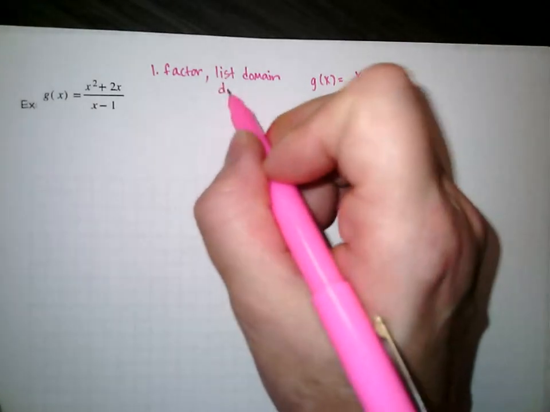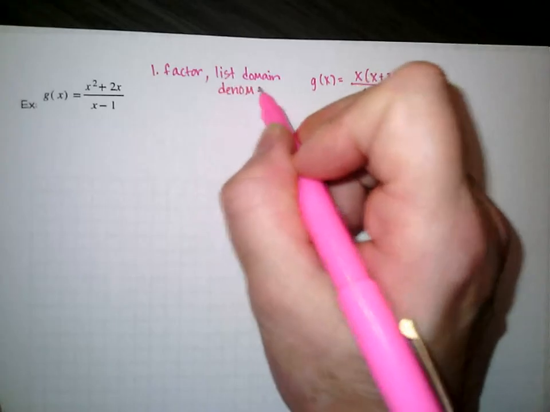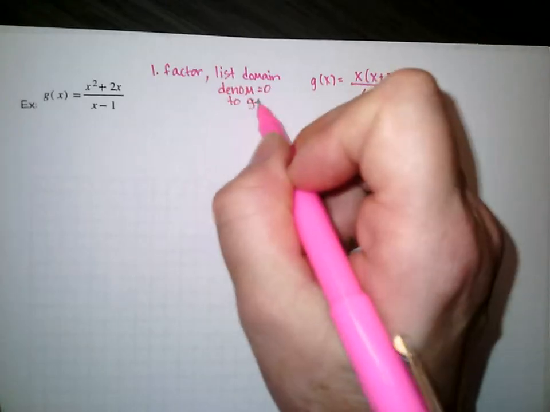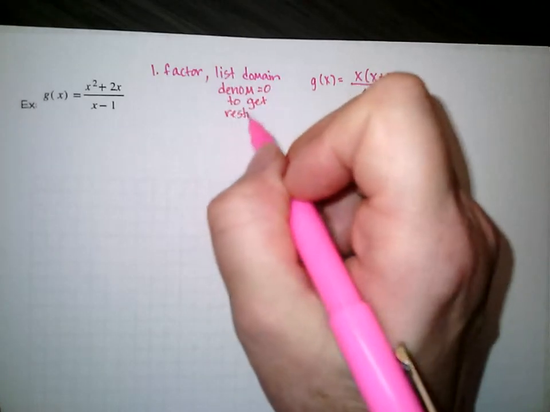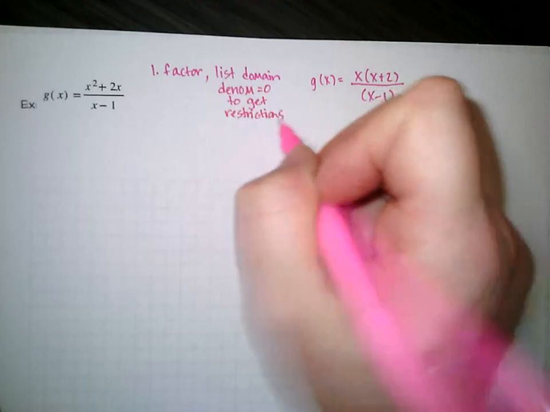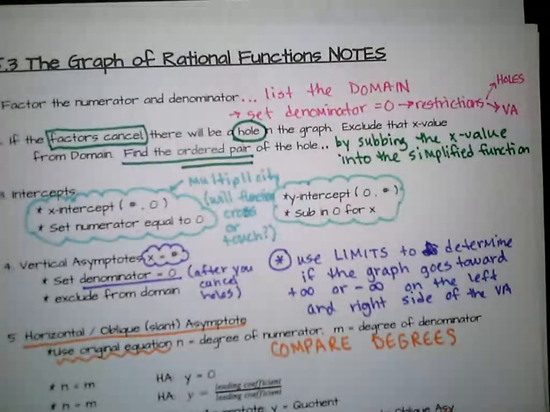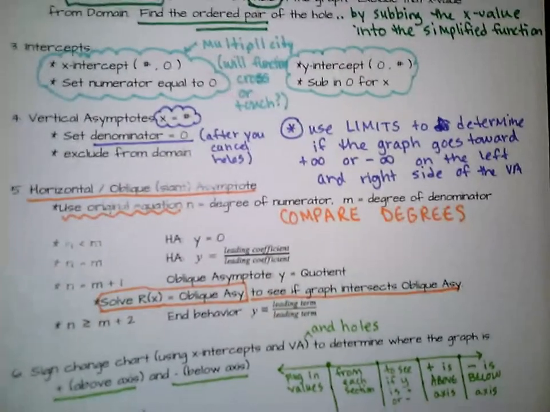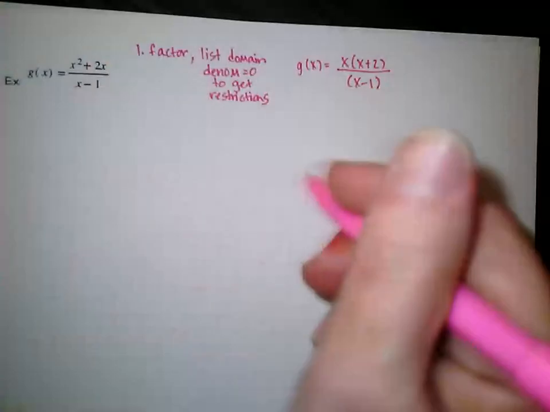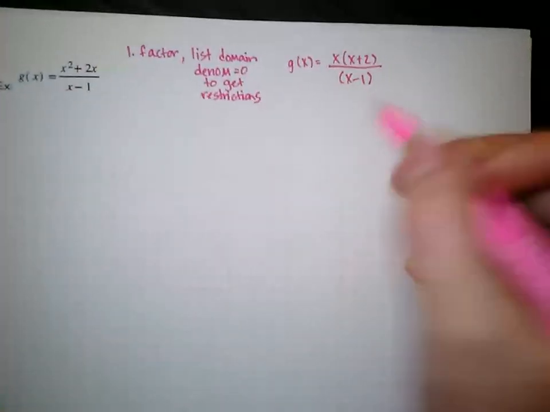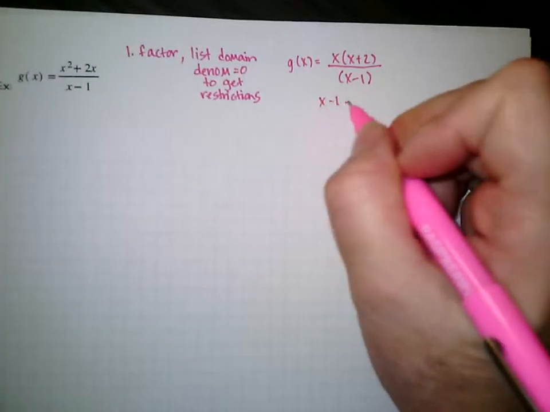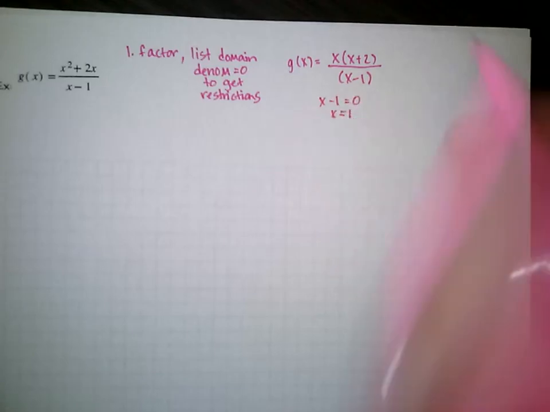For the domain, we set the denominator equal to 0 to get restrictions. Okay, just as a reminder, I'm going off of this sheet of notes that we did in the last video. So if you don't have that, I'm doing a few little refreshers as we go. So I say x minus 1 equals 0, so x equals 1.